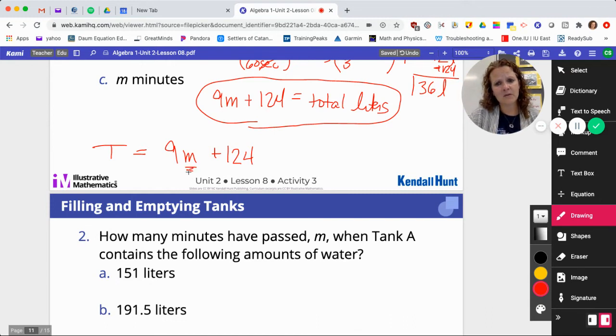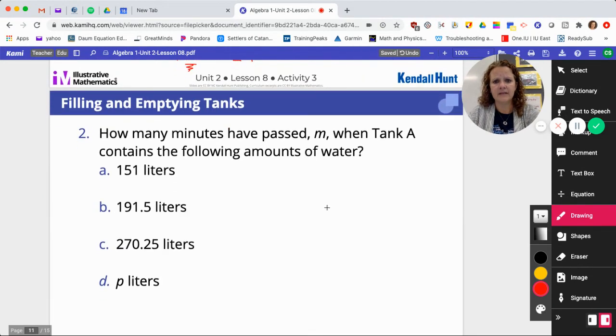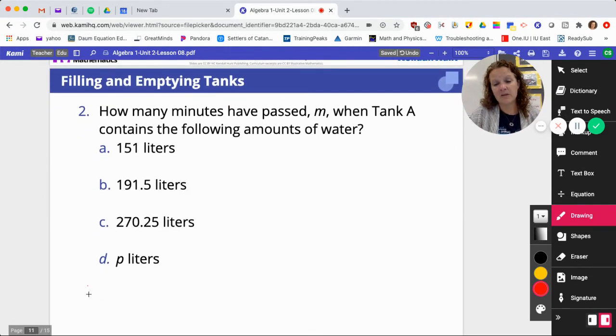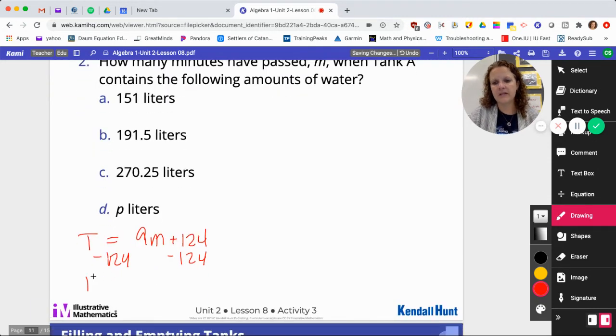So I'm going to solve this equation for M, all right? T equals 9M plus 124. If I subtract 124 from both sides, I have T minus 124 equals 9M.